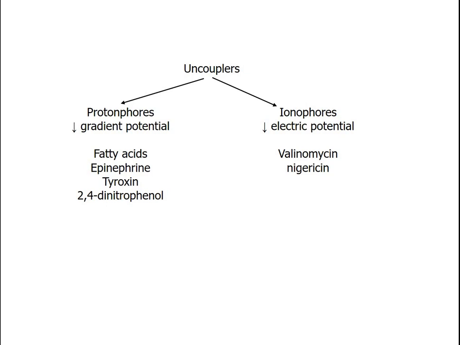As a result, the difference in positive charge between the inner and outer sides of the inner mitochondrial membrane will decrease, and the potential that is required for ATP synthesis will not be reached. Ionophores include some medicines like valinomycin, nigericin, and bilirubin.